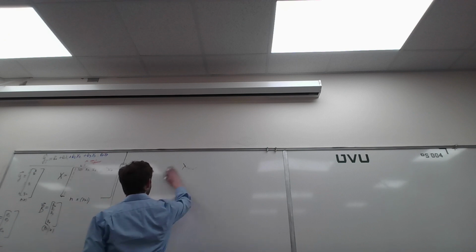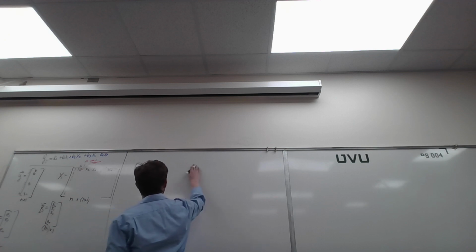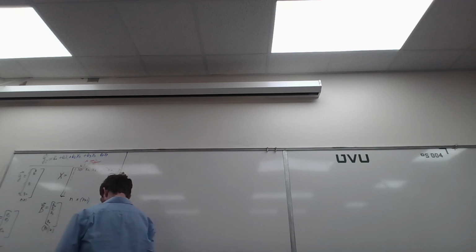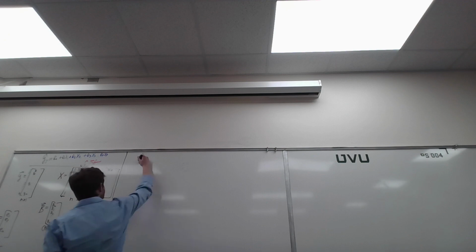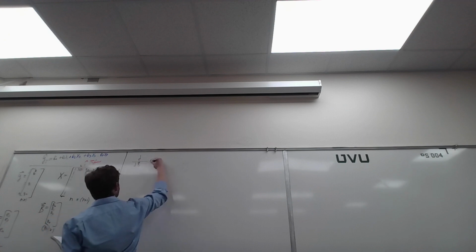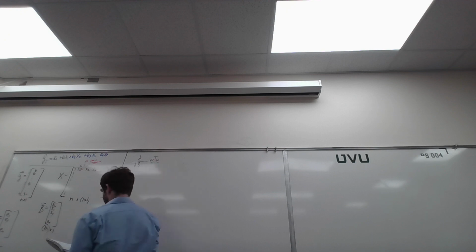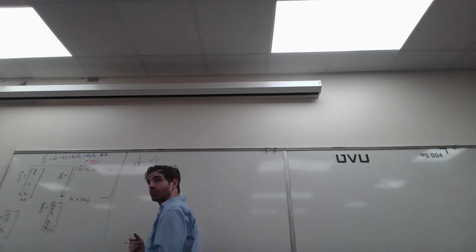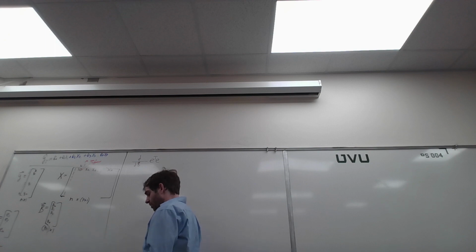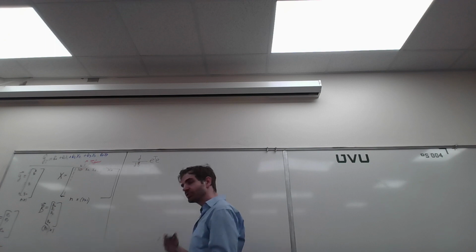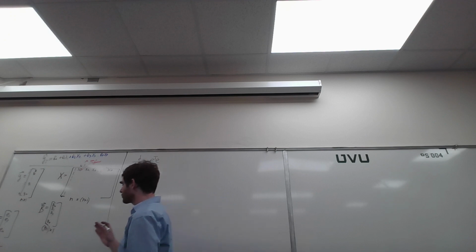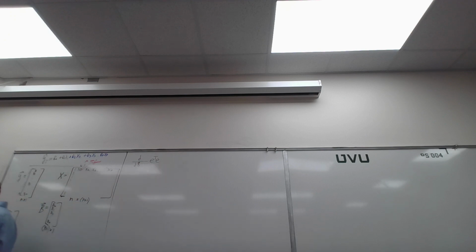In math terms, what I would write is I want the derivative with respect to the beta vector of E transpose E. That's what I want. Let me take a step back.